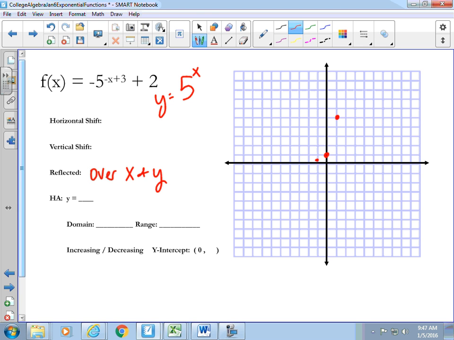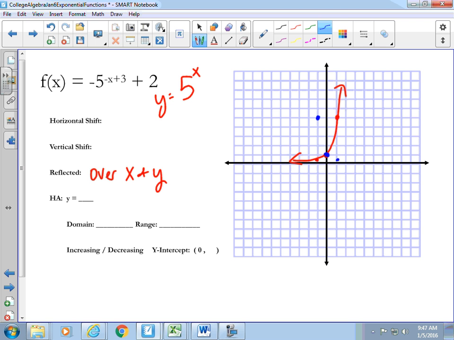So that's my original function before it started. I'm going to go ahead and reflect it, both over the x and the y. So start with x. Let's start with y. This would stay the same. This would go over here, and this one would go over here.